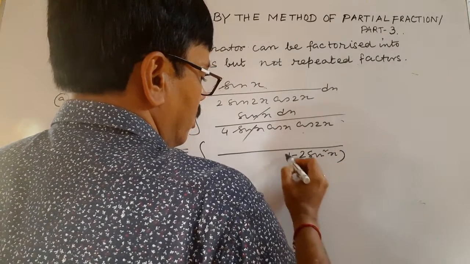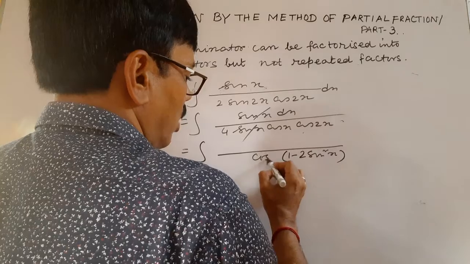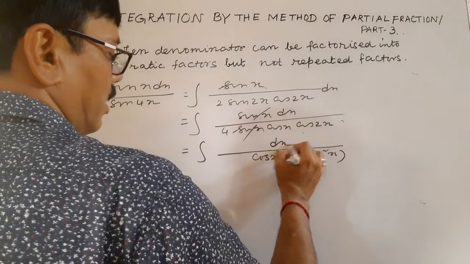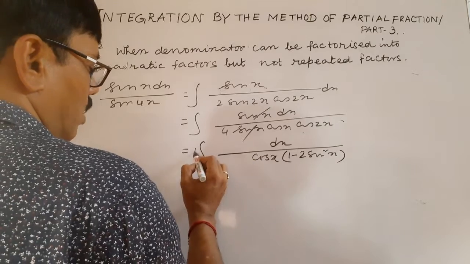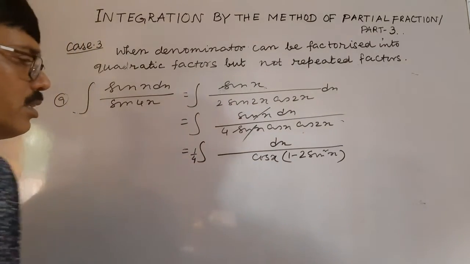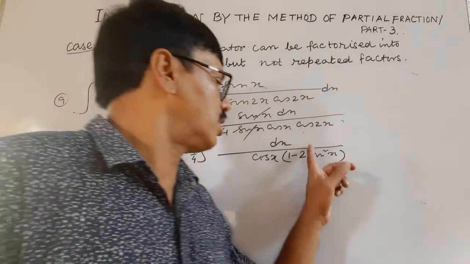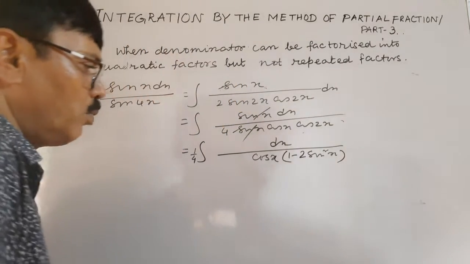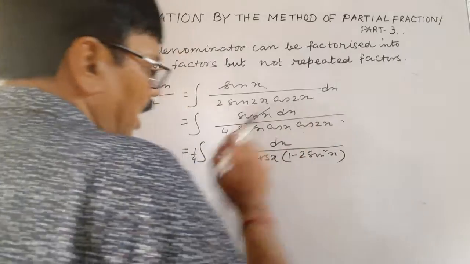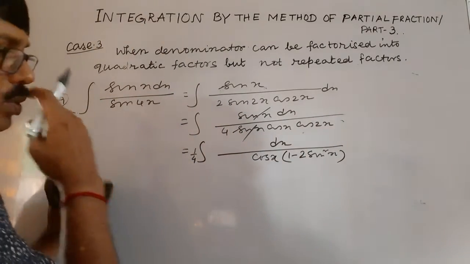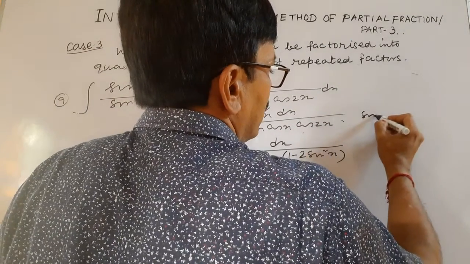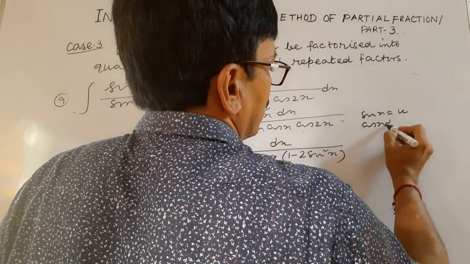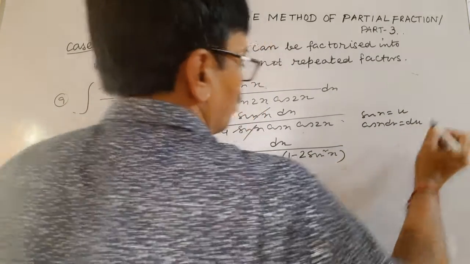We can write it as 1 minus 2 sin square x into cos x dx, with 1 by 4 outside. We can also write it 2 cos square x minus 1. If we put it in this form, the advantage we get is this. If we put sin x equals to u, then cos x dx equals to du.